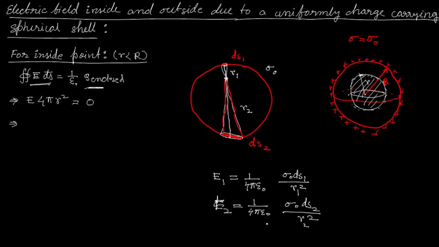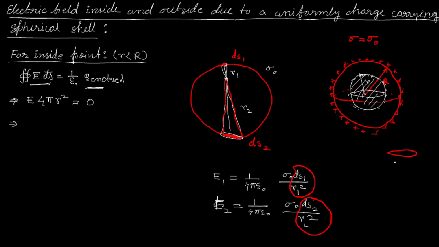Now if you see these two parts, ds1 divided by r1 square and ds2 divided by r2 square, this is actually called solid angle.